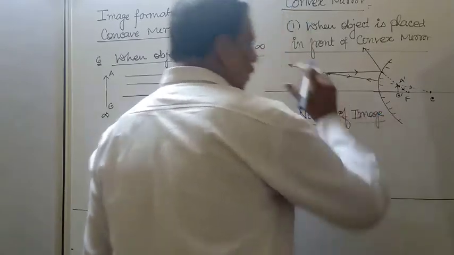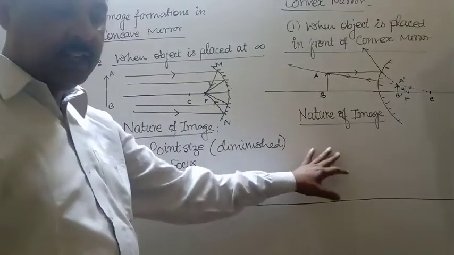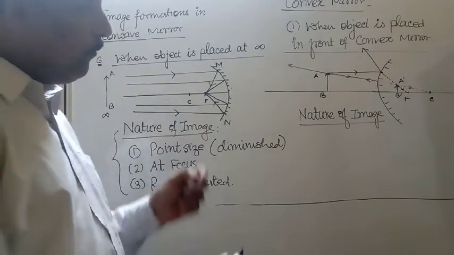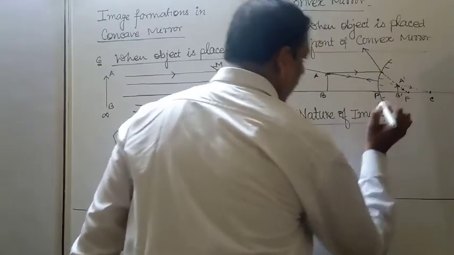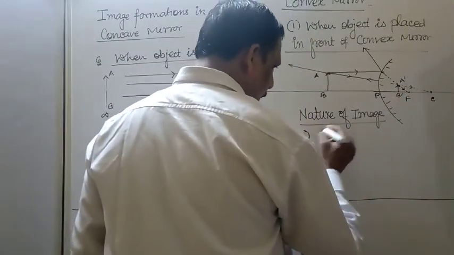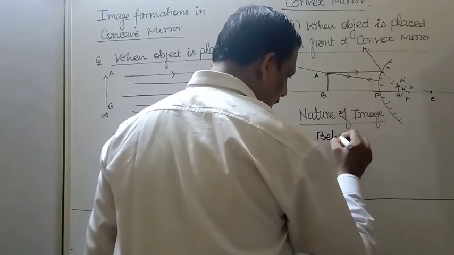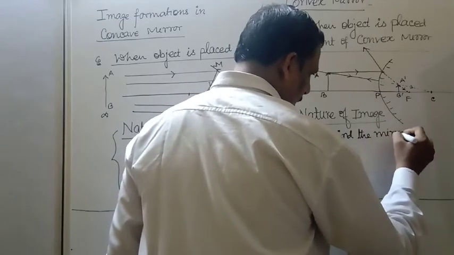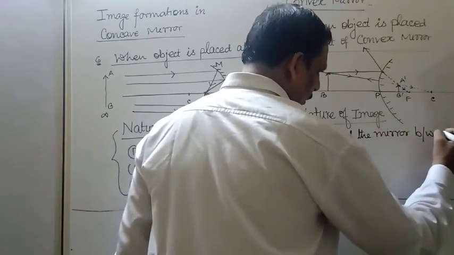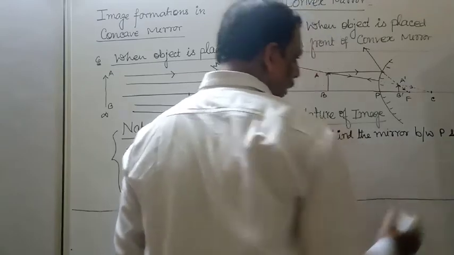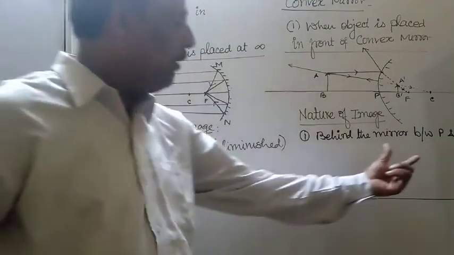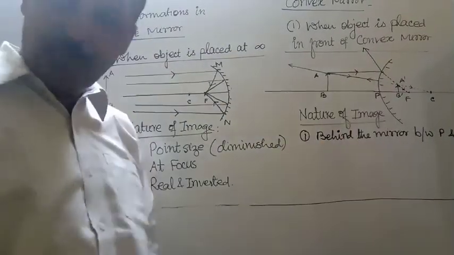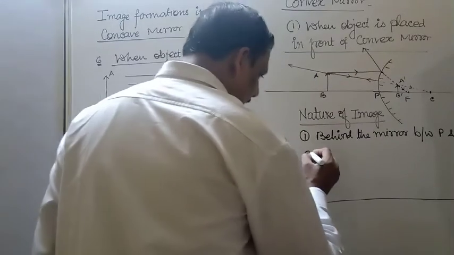You have to remember only these diagrams and what the image nature is. So what will be the nature? Number one, the image is formed behind the mirror, between pole P and focus F. And what will be its nature?